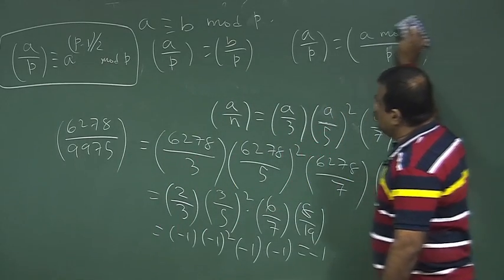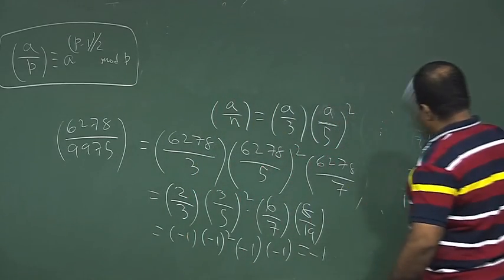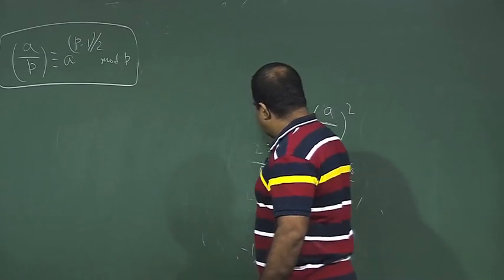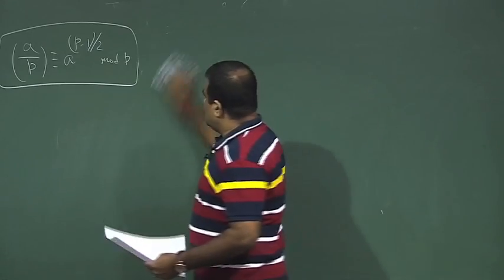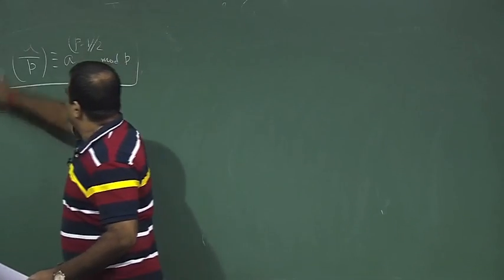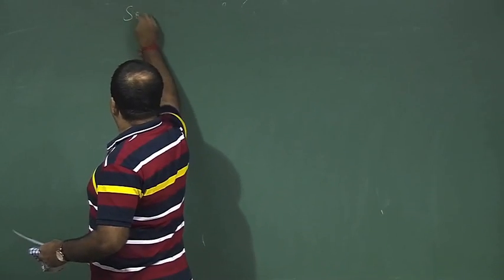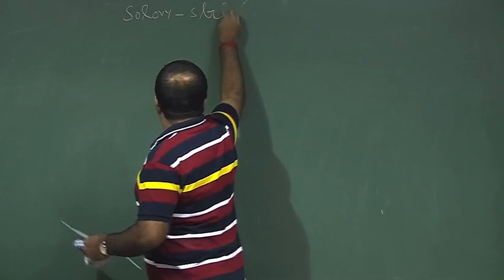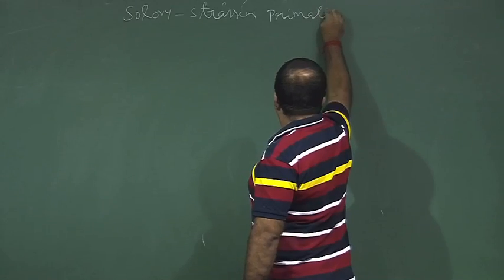Now we will use this Jacobi symbol to have a primality test of an integer n. This is called the Solovay-Strassen primality test.